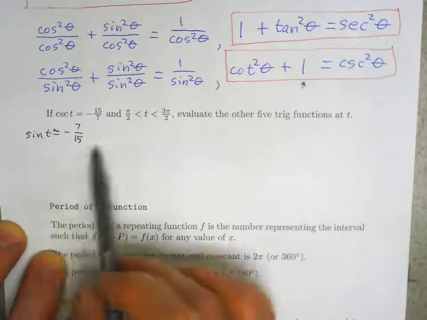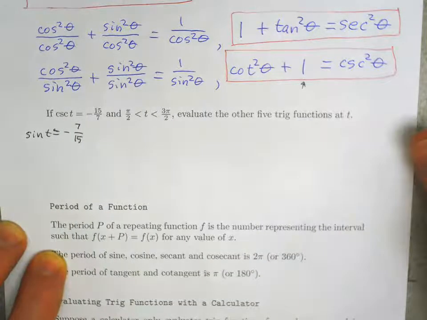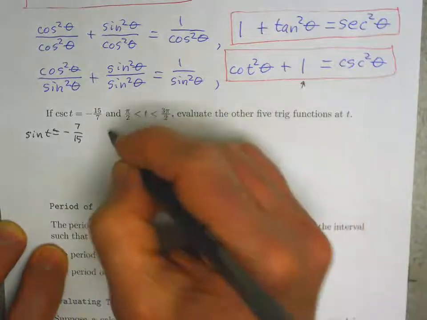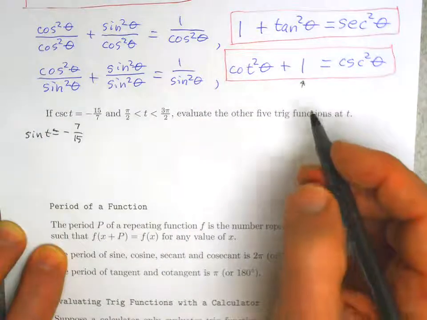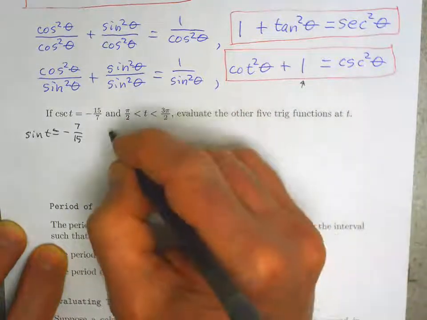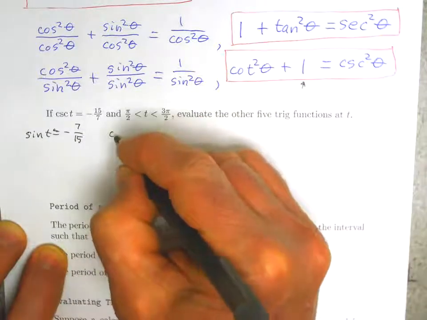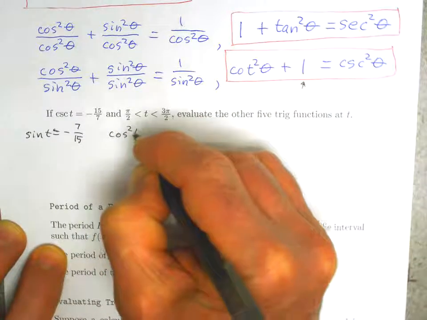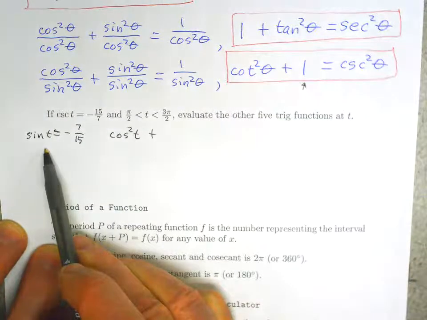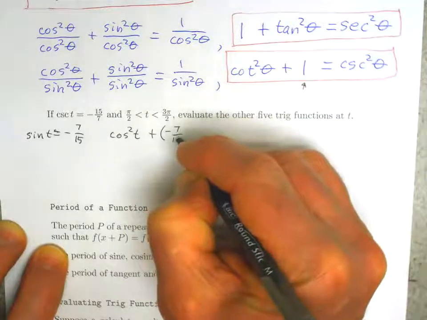Or since we also know what sine of t is, we can use this Pythagorean identity. Whichever you prefer, I'll go ahead and use this first Pythagorean identity. I'm going to switch the variable from theta to t, so we have cosine of t squared plus sine of t squared, but sine of t is negative 7/15.